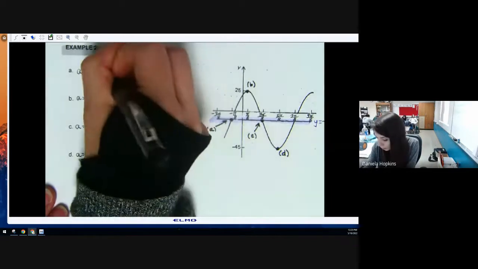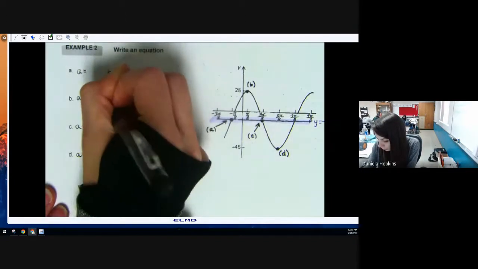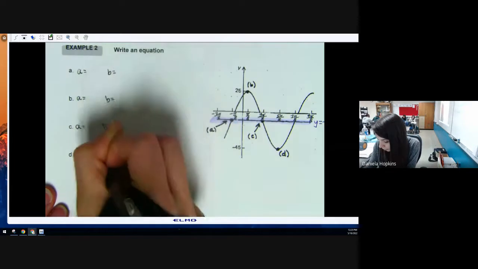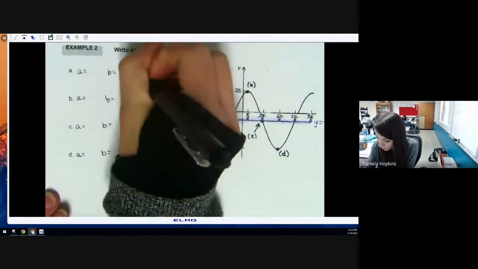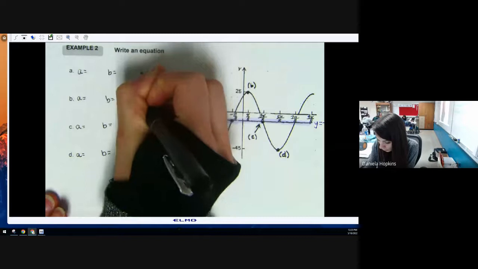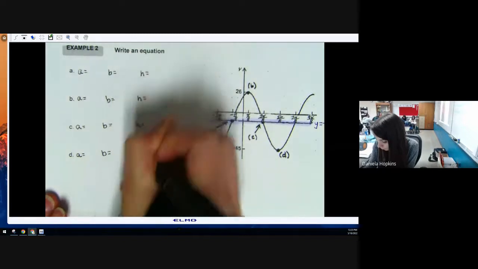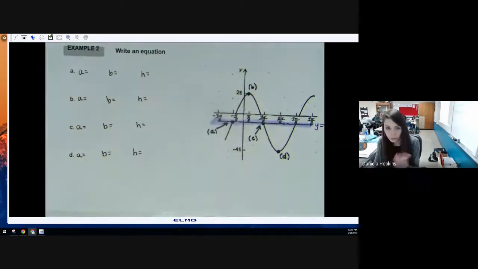Your B's are all going to be the same. What is going to be different is your H's. That's the part that's going to shift. So our H will be different for all of these. I'm still just going to put an H equals for all of these. And then your K will all be the same because this was just shifted down one way.